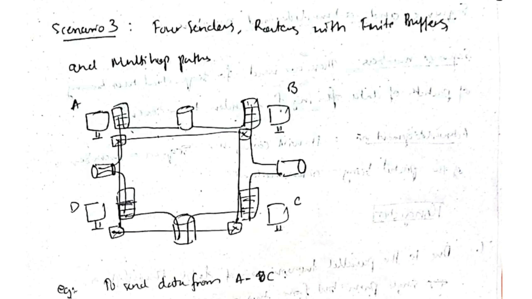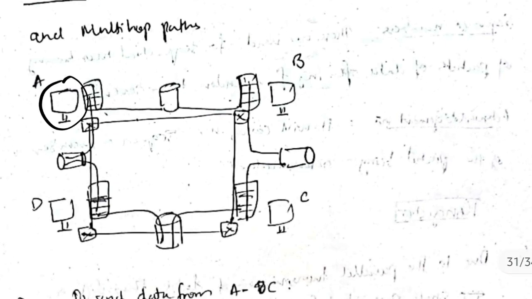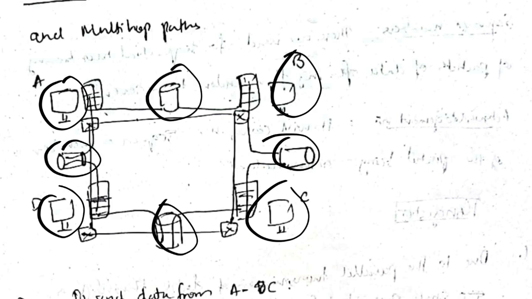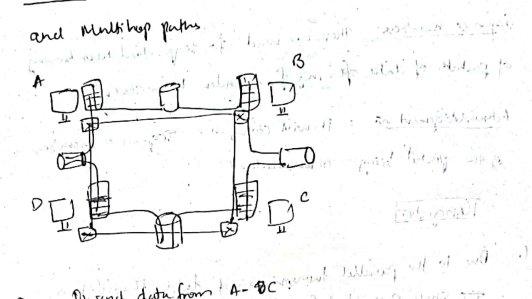How we do that is we have four clients connected here, and here we have the buffers, and here we have the queue for each of these. Okay, so these are connected. If I want to send data from A to C, I'll be transferring in this way or this way.